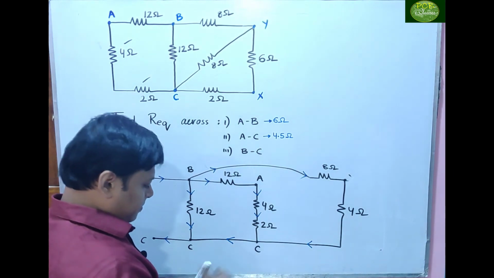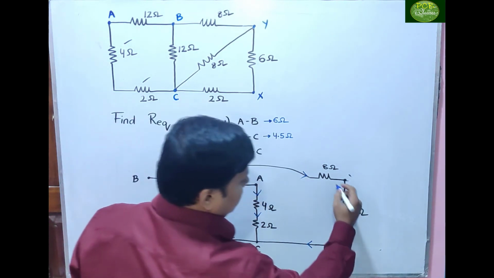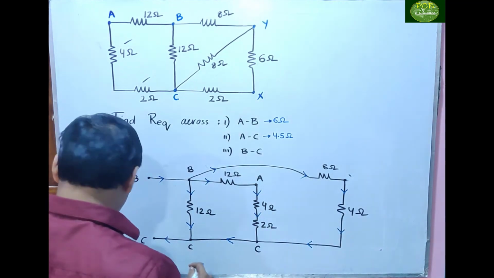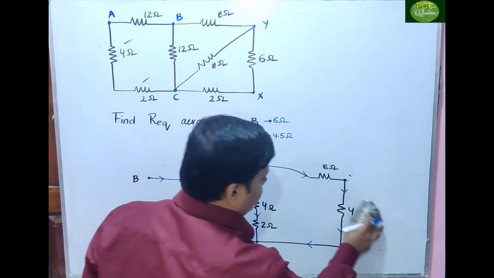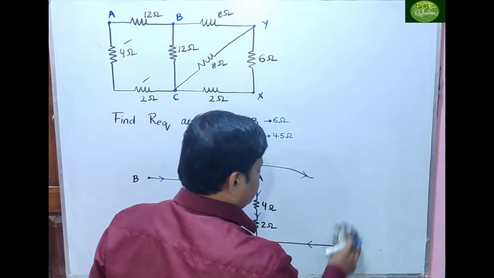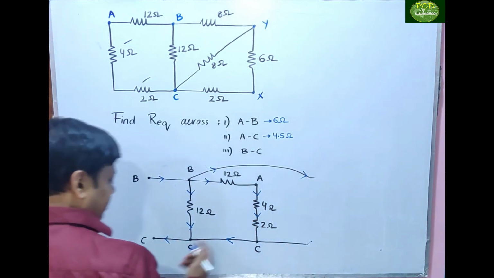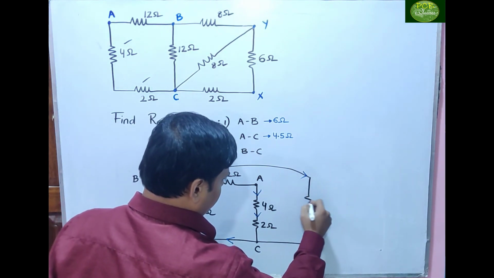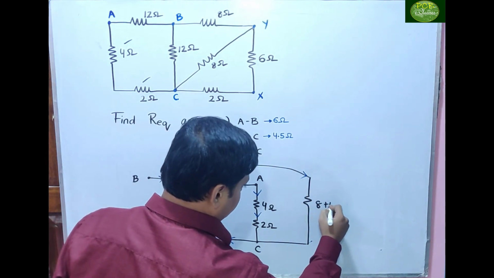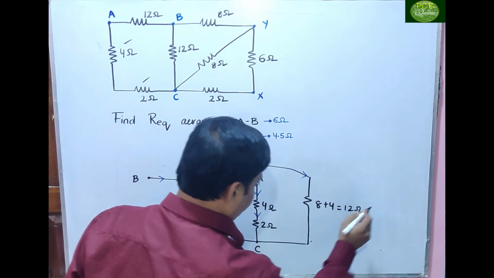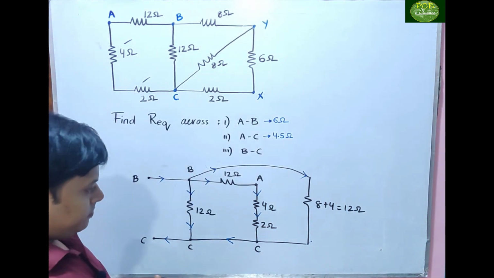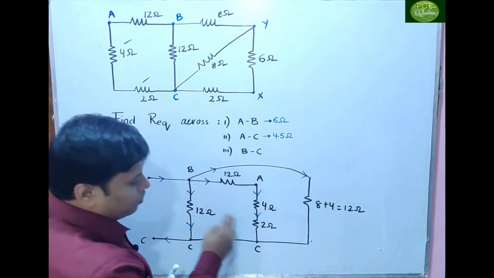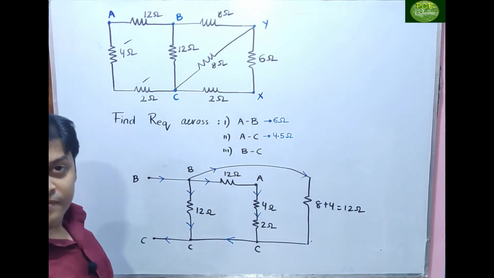Now see here, current flowing in 8 ohm and current flowing in 4 ohm, will it be the same? Yes. So 8 and 4 are in series. So what I will write here? 8 plus 4, 12 ohm. Clear? Now see here, current flowing in the 12 ohm, 4 ohm and 2 ohm, is it the same? Yes.